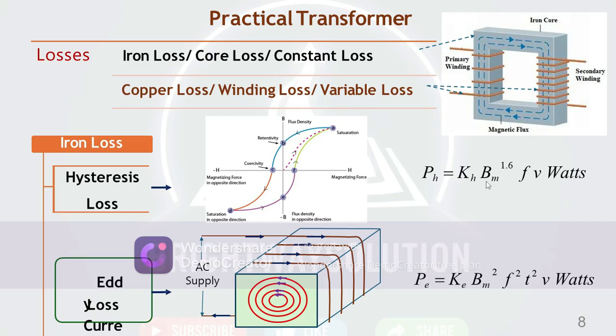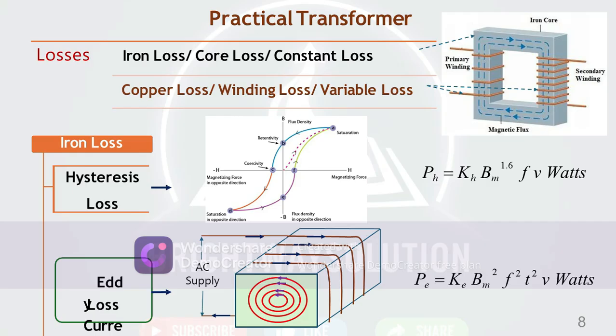Here B depends on the voltage, so this power loss also depends on the voltage. Next, eddy current loss. Eddy currents are circulating currents created on the surface of the magnetic material, as the core winding is there with the magnetic material.